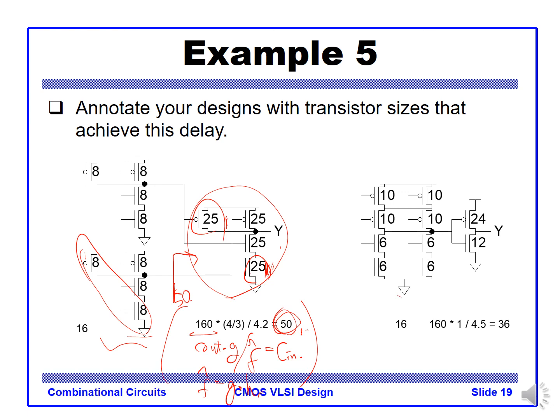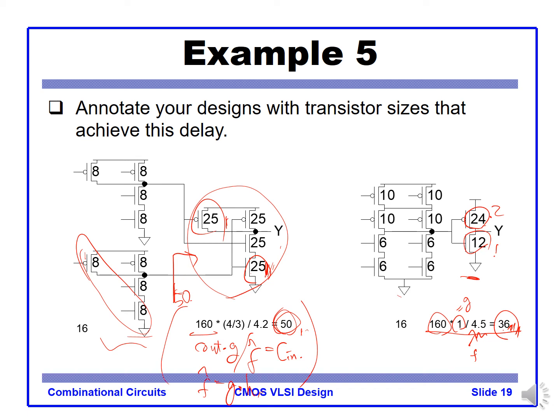For the compound implementation, we do the same equation. So 160 times, this is the inverter, so G equal 1, and 4.5 is F hat. So finally 36 is the input capacitance. For the ratio of 1 to 2, we can determine that PMOS is 24 and NMOS is 12.